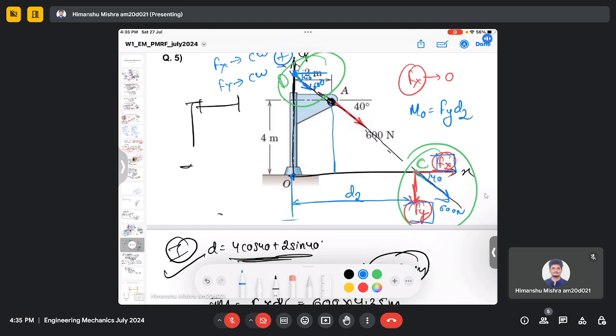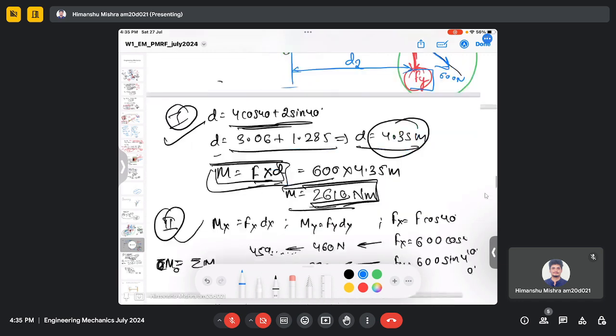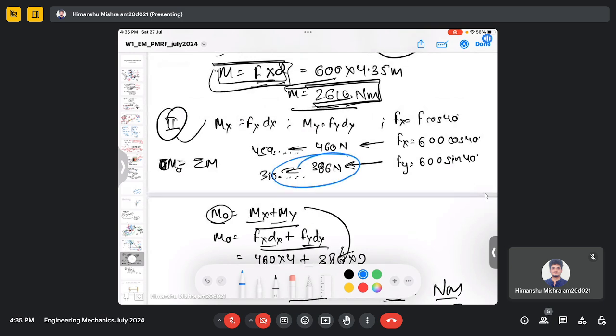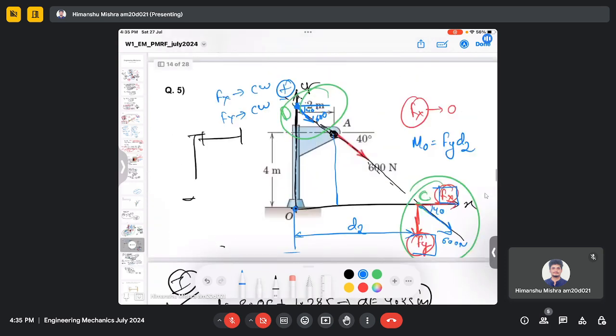Your Fy, you have already calculated, is 386. Now you need to calculate d2, the perpendicular distance. This is 2 meter. We already know this distance, and we have a triangle here. This is 4 meter, and we need to consider this distance.